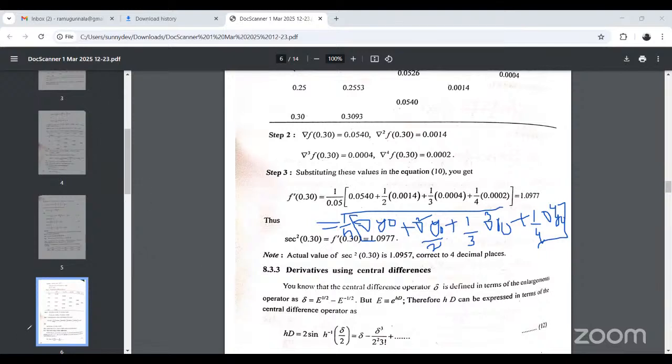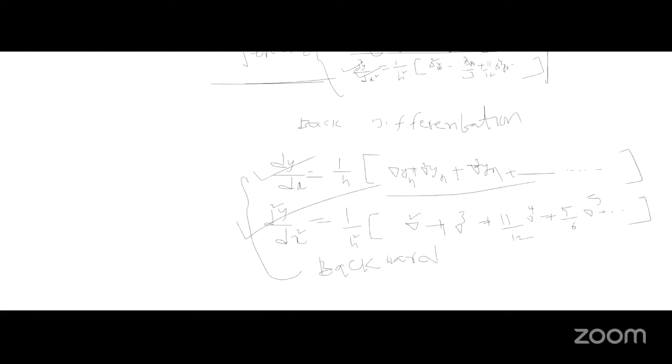So these are the backward formulas. Here we are getting one doubt: when we use the forward and when we use the backward, that is important, no? See, these are the x values and these are the y values: 1, 3, 5, 7 and 9.